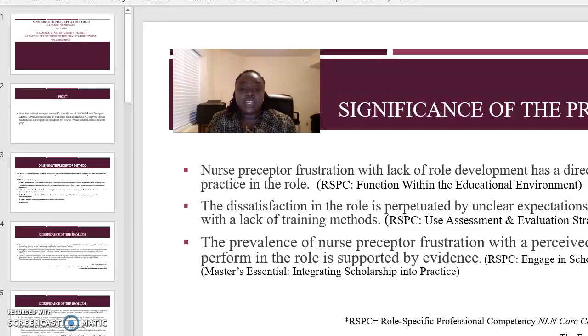The dissatisfaction in the role is perpetuated by unclear expectations of the teacher. The 1-minute presenter method comes in to help the preceptor to be in line, to be able to teach exactly what he or she is expected to teach. And at the end of the day, the students benefit considerably.